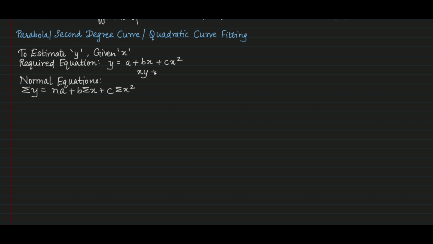Xy is equal to ax plus bx square plus cx cube. Then we take the summation of this. Summation of xy is equal to a summation x plus b summation x square plus c summation x cube. Now to find the third normal equation, we again multiply by x and take the summation.